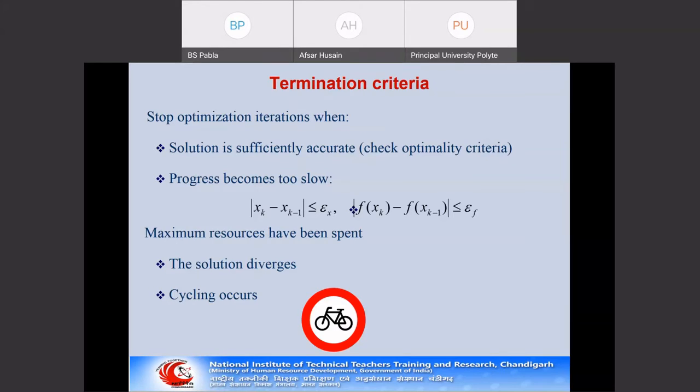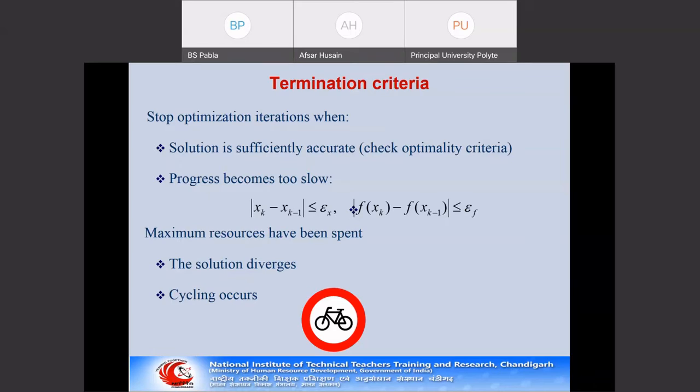Maximum resources have been spent. There is availability of resources, but now resources are not there. Maybe even one resource has gone. So there are two types of resources. If one of them is gone, that means I should stop. Another is when the solution diverges.